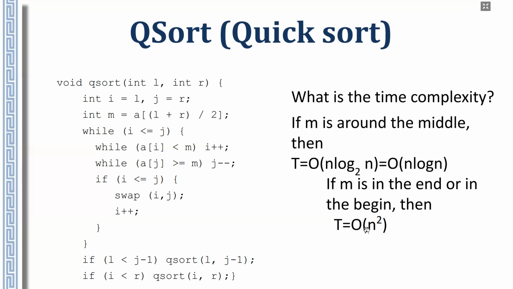That's why complexity will be n squared. So in the worst case, if our choice of m is unlucky, we get complexity n squared. That's why it is important how we choose m.